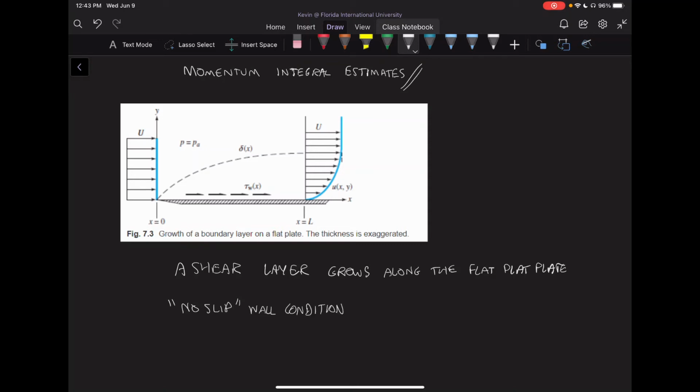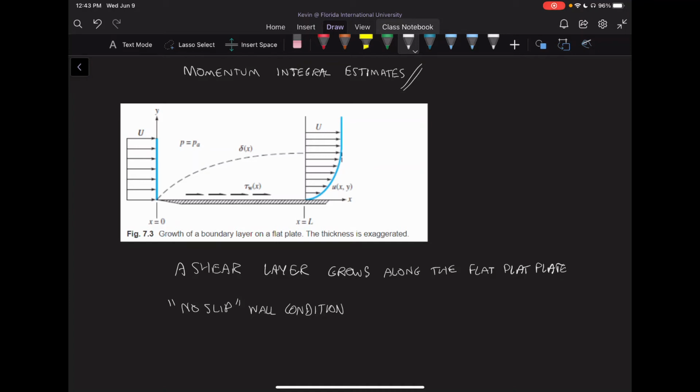Okay, so what the no-slip wall condition means is that we have no slip on the wall, therefore our wall is not moving with the flow. It's stopped. It doesn't move, and if it doesn't move, it means that the velocity along the wall, U, is actually equal to 0.